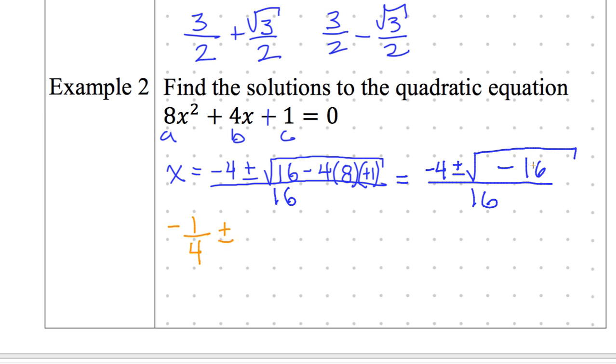And then what is the square root of negative 16? Whenever you have a negative, something always pops out. You have a square root of negative 1 that gets factored out. Square root of negative 1 is i, so 4i all over 16, and that simplifies one more time to negative 1/4 plus or minus i over 4. There it is. There's your final answer, and box it.